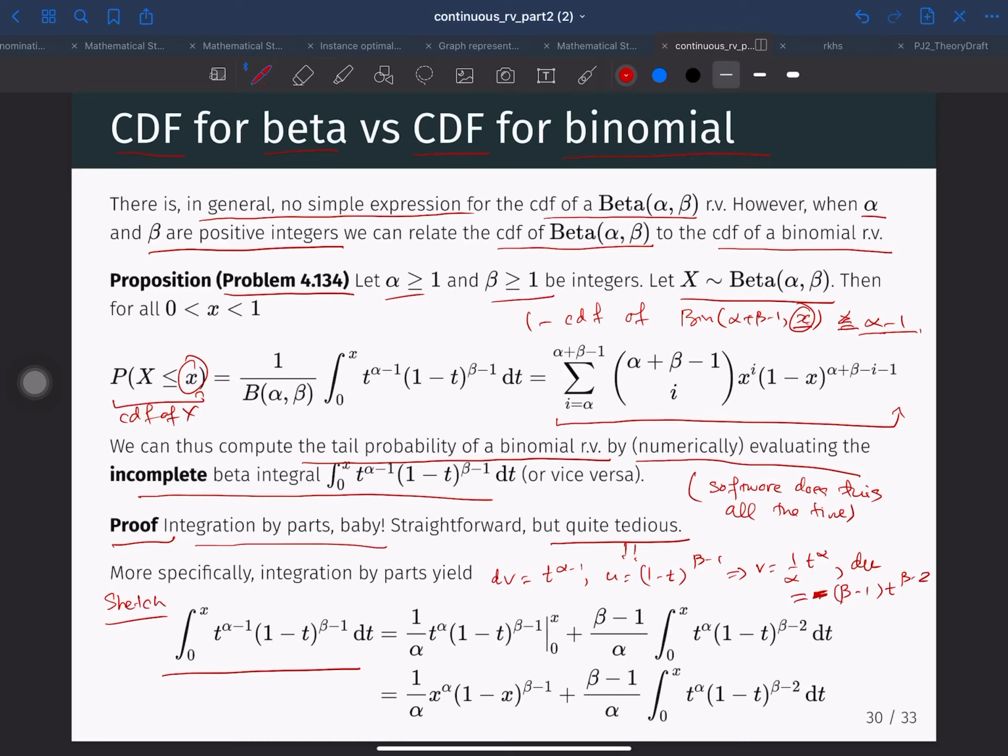So therefore this integral here is uv, and then this part is minus the integral of v du, and some simple evaluation gives you this as the integration.